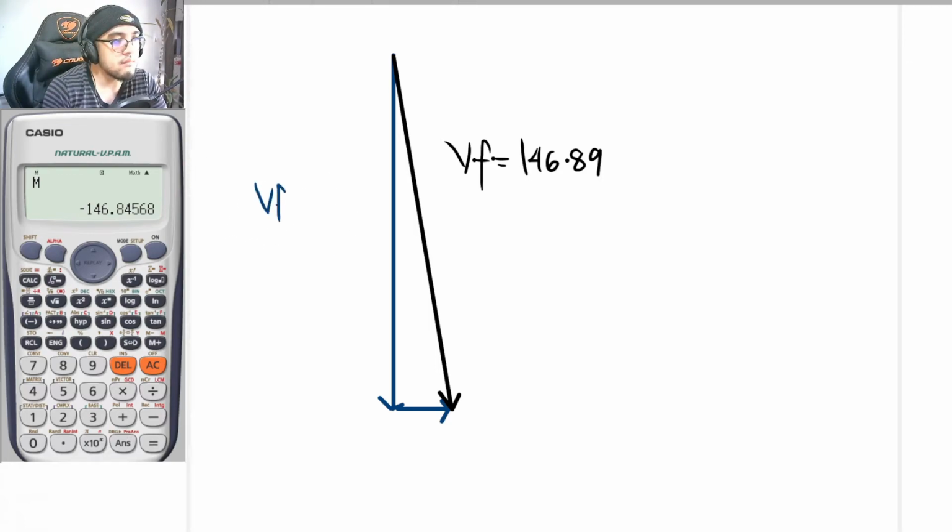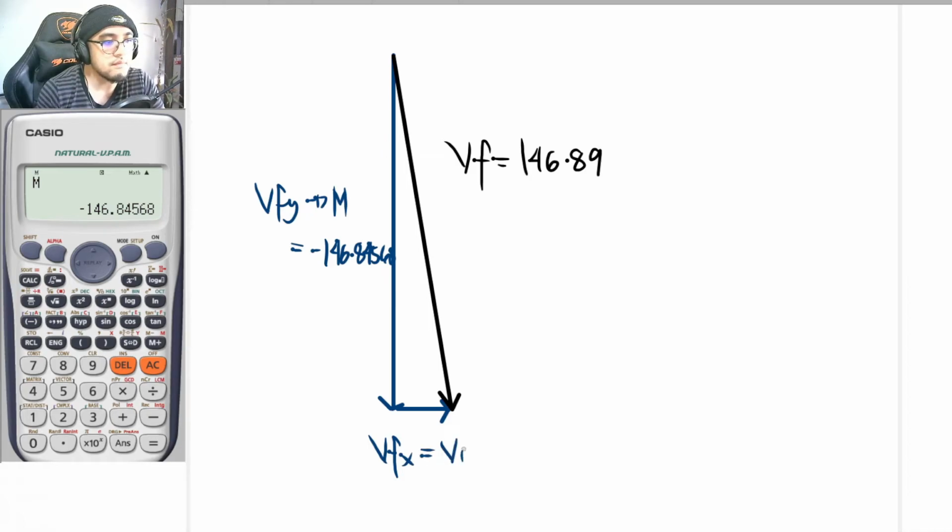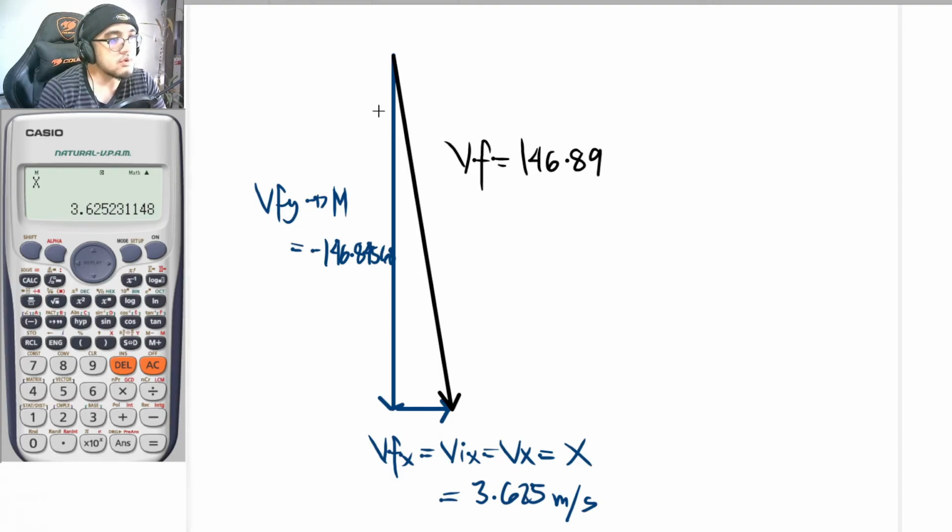Vfy was stored to M, and this is equal to negative 146.84568. And our Vfx is equal to our Vix, it is also equal to our Vx, and this is stored in X in my calculator. That is alpha X, 3.625 meters per second.